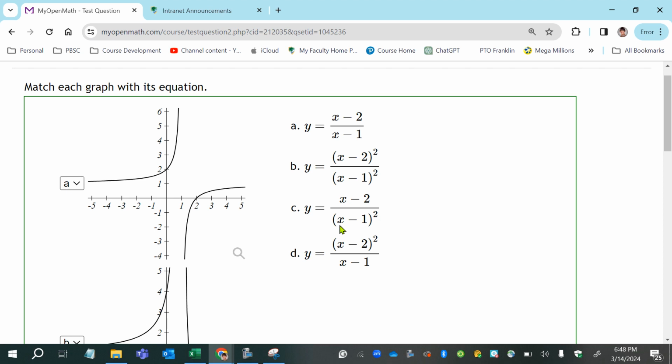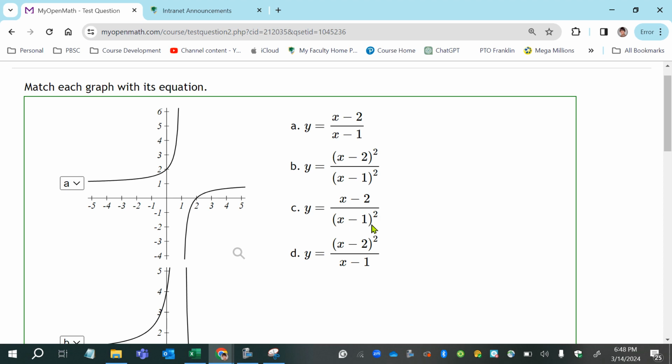So like option C here, the degree of the denominator in option C is greater than the degree of the numerator.